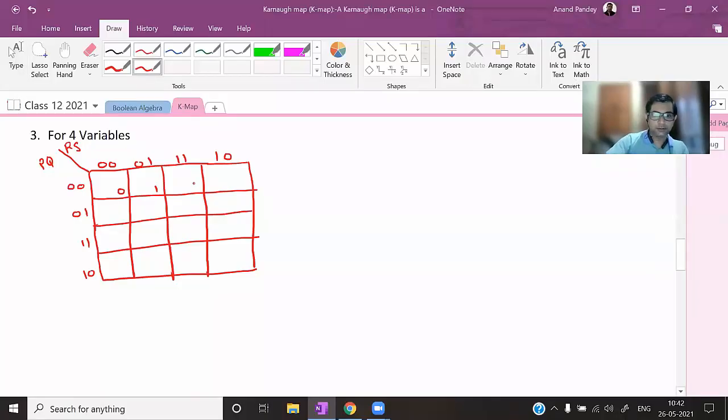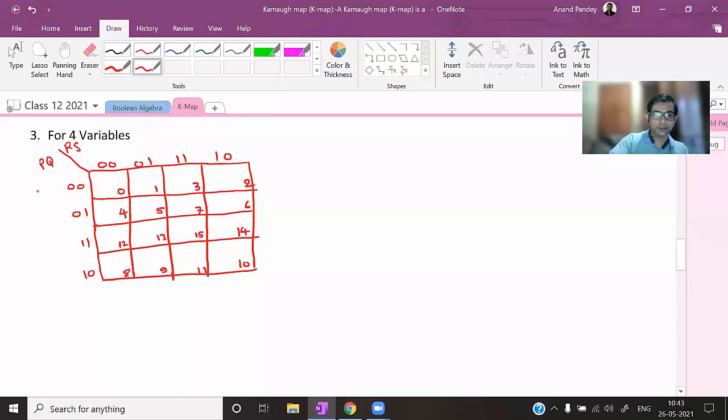0, 1, 3, 4, 5, 7, 6. Then at last row, 8, 9, 11, and 10. Then here 12, 13, 15, and 14. And the same thing, we put bar for 1 and we use the plus symbol here, instead of dot.